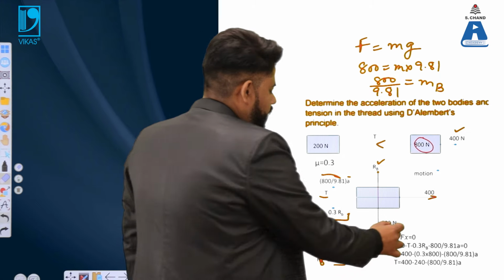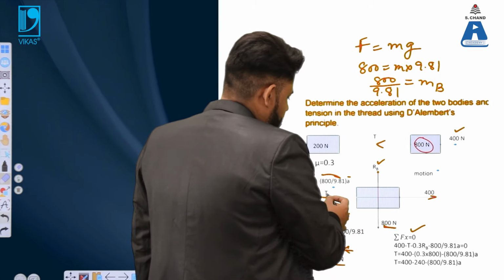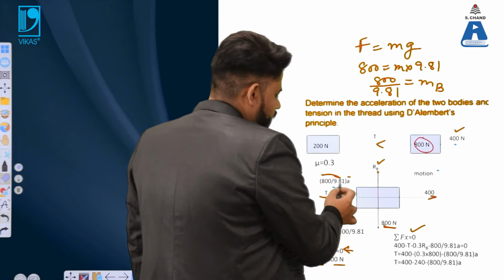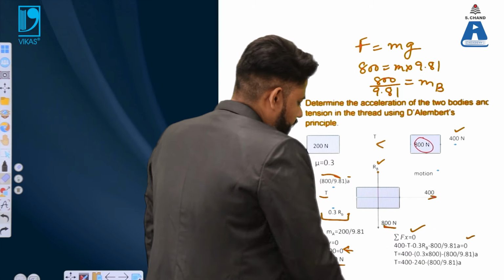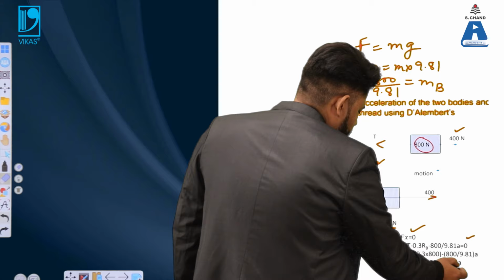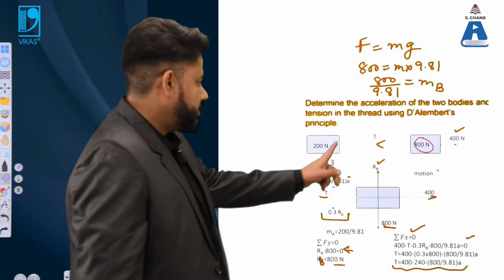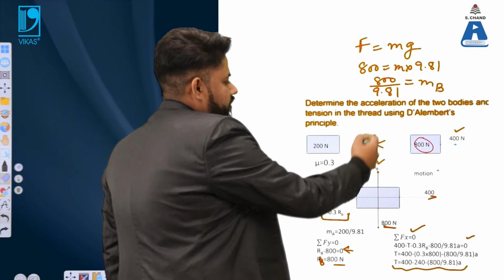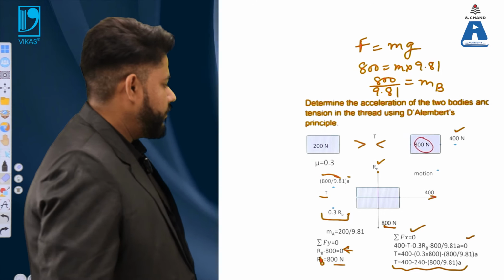Additionally, the sum of all the forces in the x direction is equal to 0. So, 400 minus T minus 0.3 times Rb minus this force on the other side is equal to 0. From there you get an equation of T again, the tension. Tension is common whether it is applied by A or by B, as stated in this example with the help of the diagram.